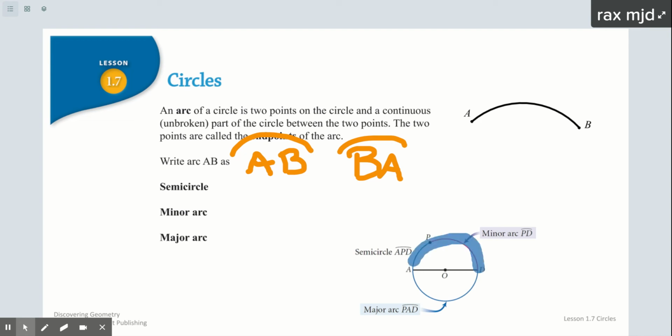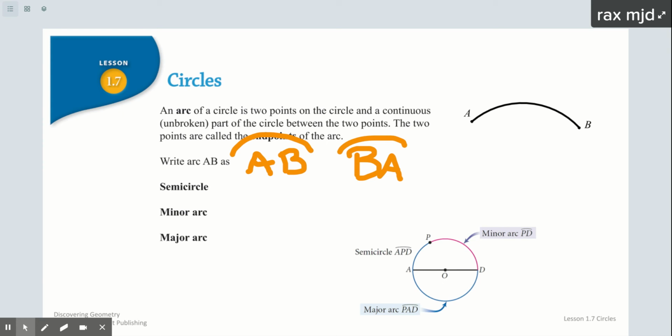And I know that that's what's named because they said semicircle APD. So when we name an arc that is smaller than 180 degrees, we use 2 points, the 2 endpoints. And if we're doing 180 degrees, which is what a semicircle is, or larger, then we're going to use 3 points. We use the endpoints and then 1 point that it goes through. So here, when they say semicircle APD, they start at A and go to D.